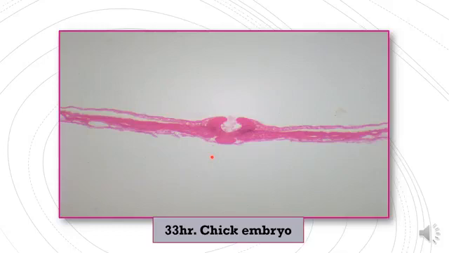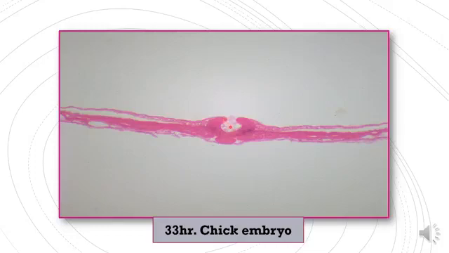In the same slide, more anteriorly, in this section you can see the neurulation beginning. The neural plate is folded. This is called a neural fold.